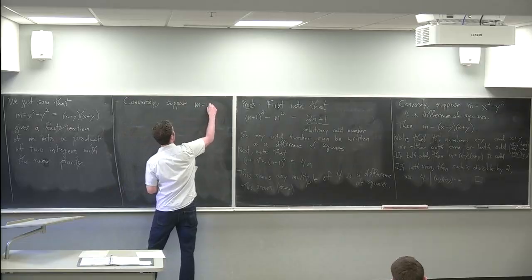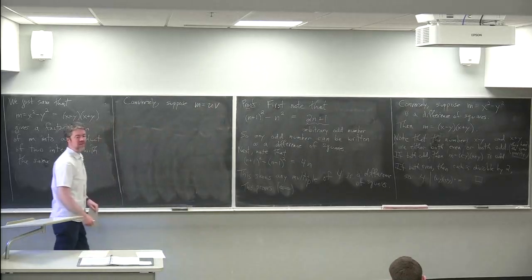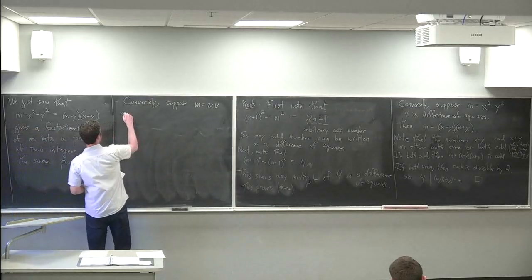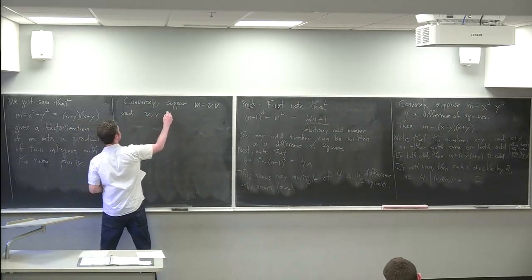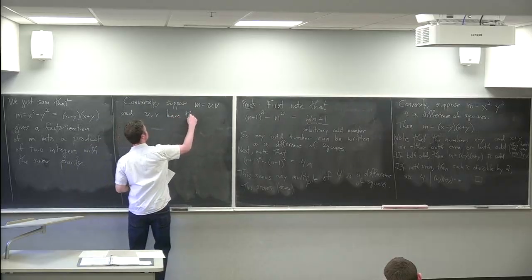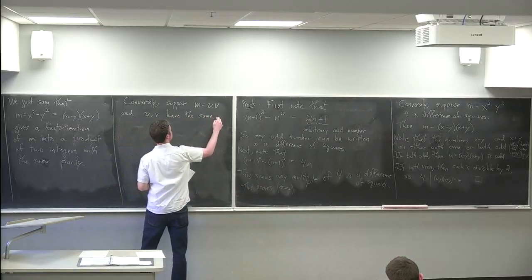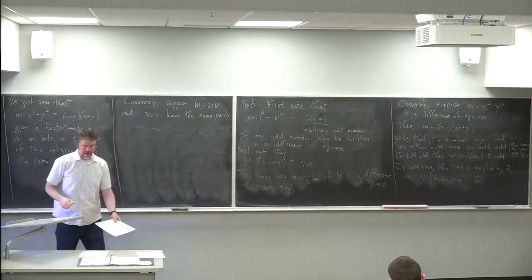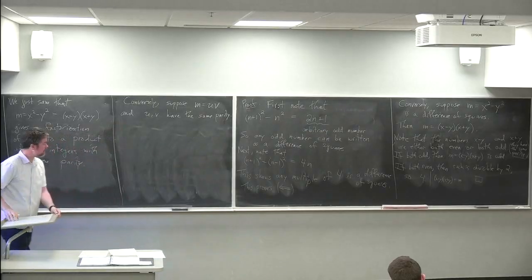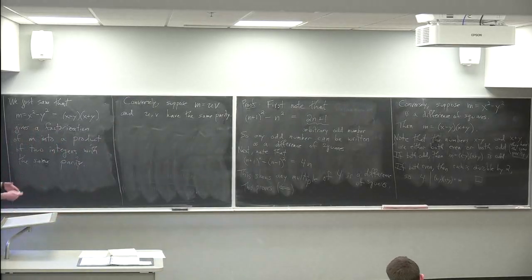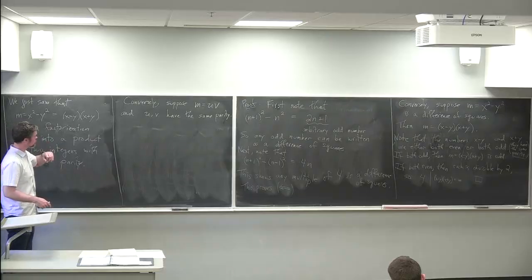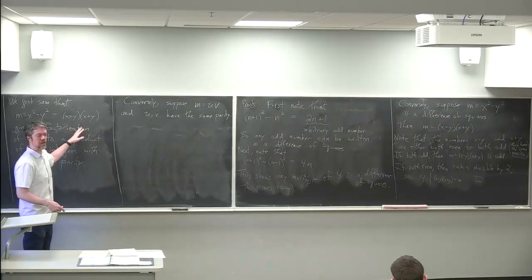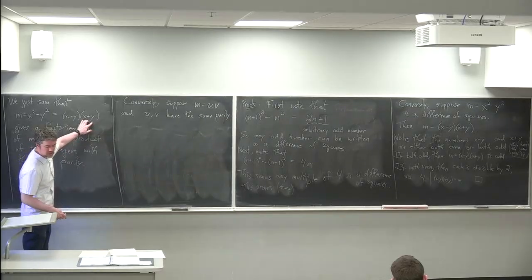So conversely, suppose m is a product of two things, let's just call them u and v. We just found some factorization, and u and v have the same parity. Okay, so the idea is you want to think of u as though it's one of these factors and v is the other one. I think we'll think of u as the bigger one.